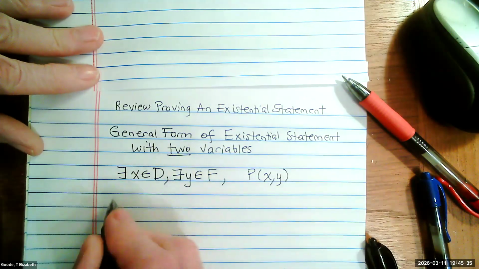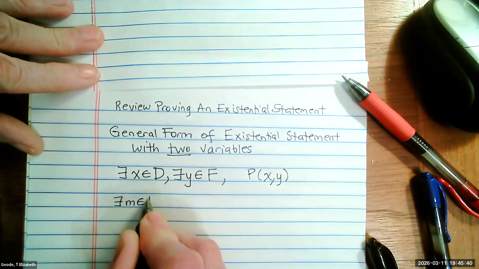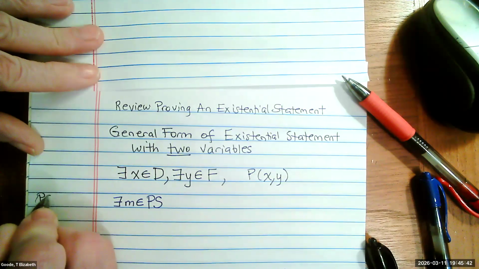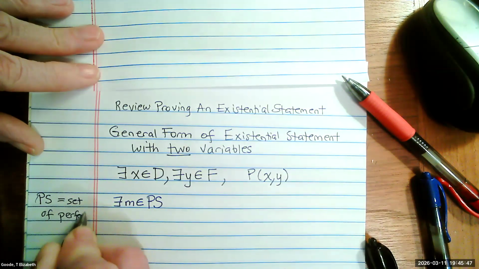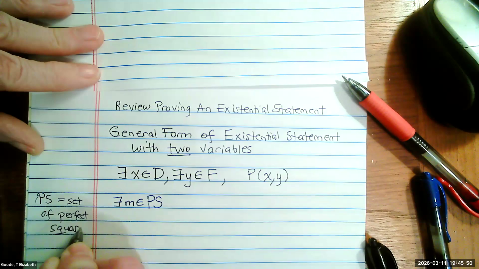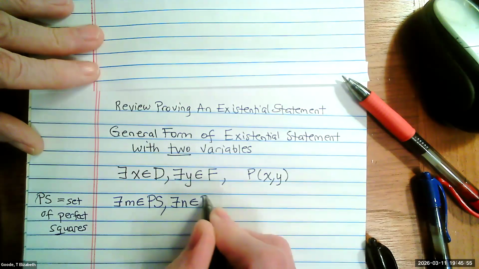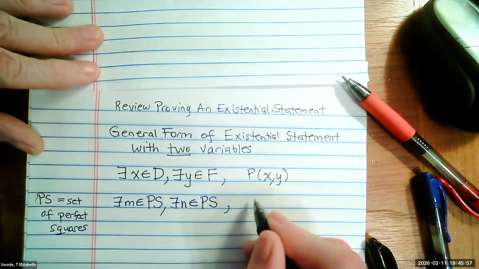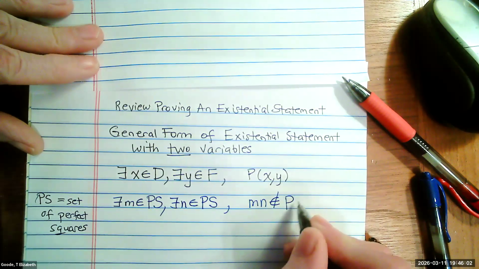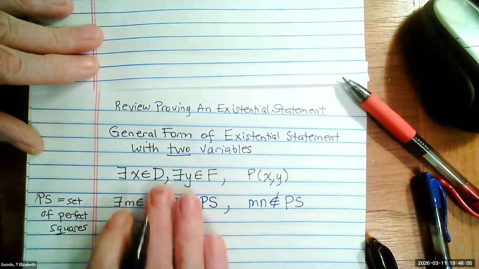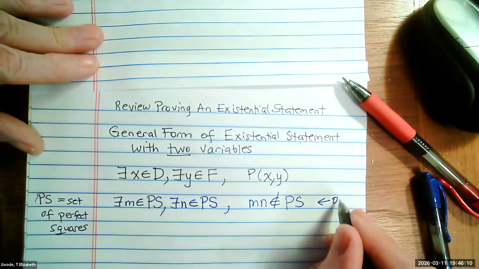So for us, it's there exists an M in the set of perfect squares. We'll call PS the set of perfect squares, just for comparison between the general form, and there exists an N in the set of perfect squares such that MN is not an element of the set of perfect squares. Do you see how the general form applies to our example?